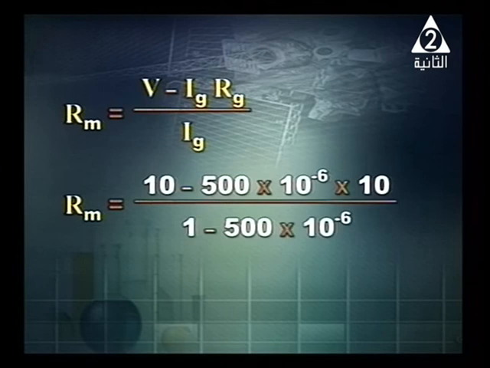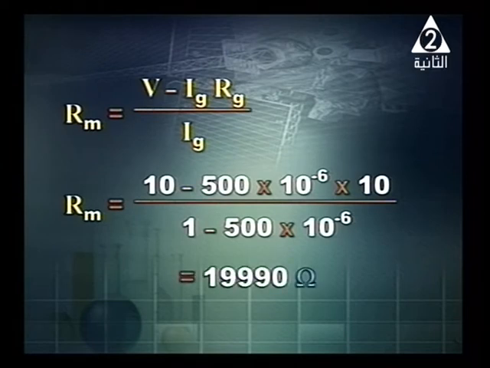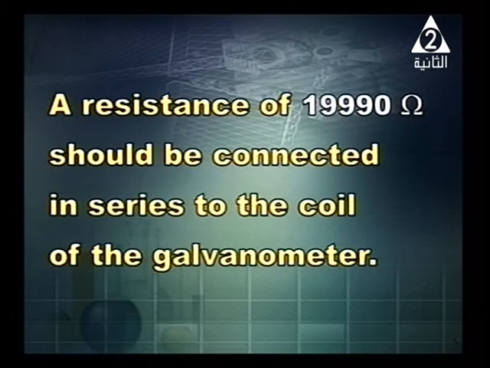The maximum voltage required to be measured is 10, minus 500 times 10 power negative 6 times 10, over Ig, which equals 500 times 10 power negative 6. So the value of the multiplier is equal to 19,990 ohm. So a resistance of 19,990 ohms should be connected in series to the coil of the galvanometer.